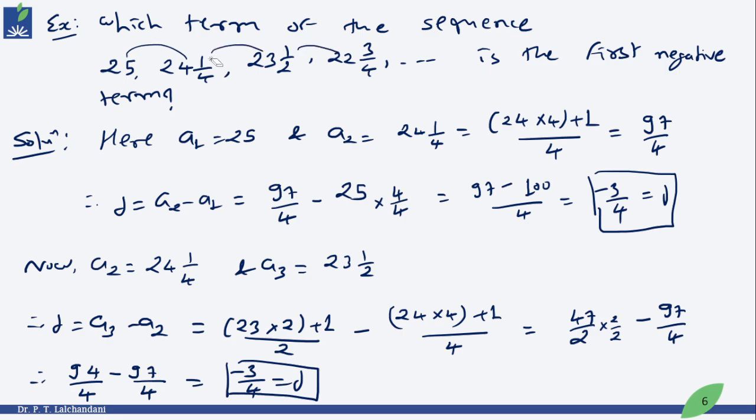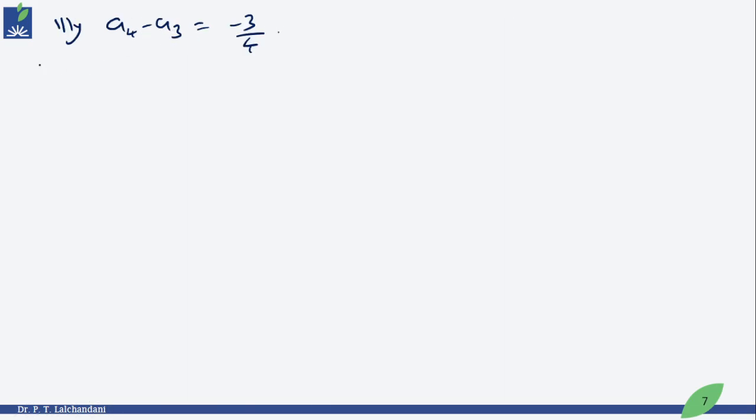Now we have to find this difference, right? It will be minus 3 by 4. So what does this mean? This means that, therefore, the given sequence is an arithmetic progression.